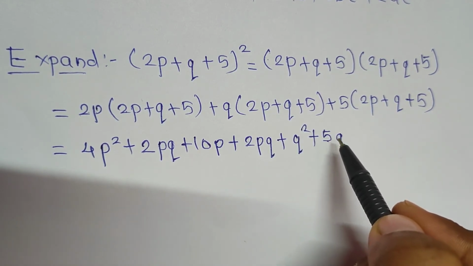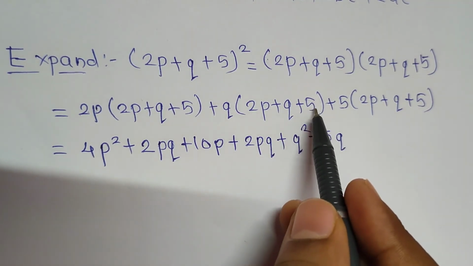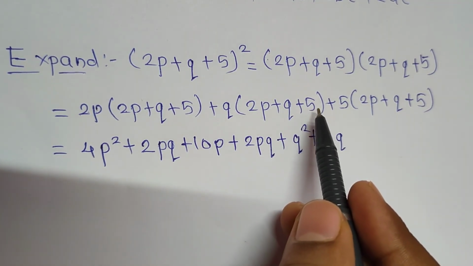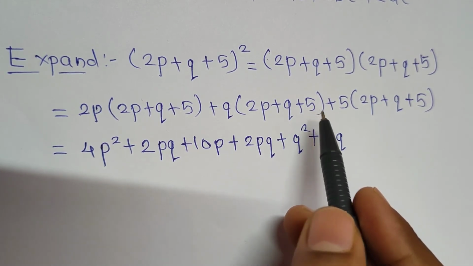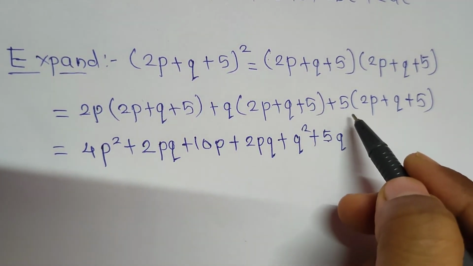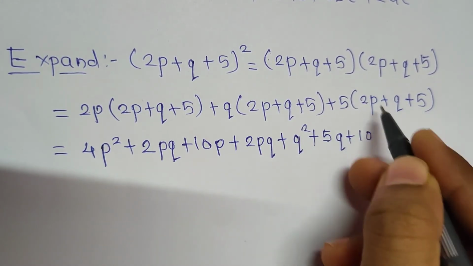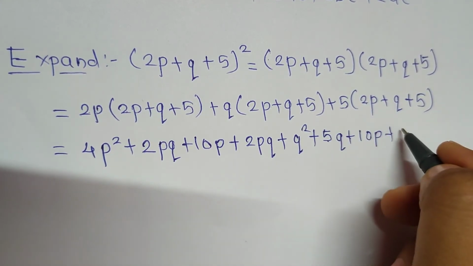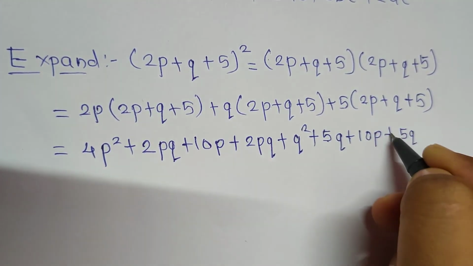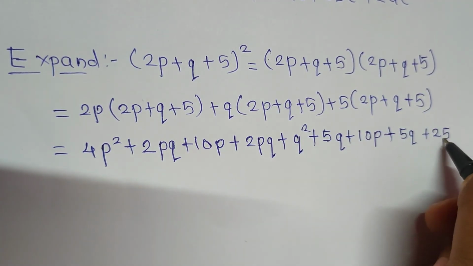And if there is simply a number, for example this 5 is simply a number, there is no letter with 5, so it is said to be a constant. Let's continue forward. 5 2s are 10p, plus 5 into q, 5q, plus 5 5s are 25.